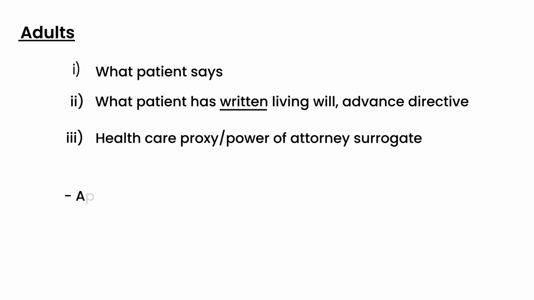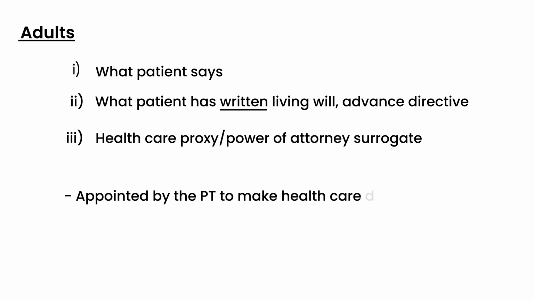Whatever the term is, basically this is a person that has been previously appointed by the patient to make healthcare decisions on their behalf, on behalf of the patient, if the patient is unable to do so.